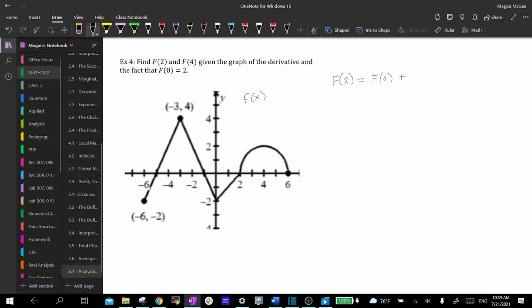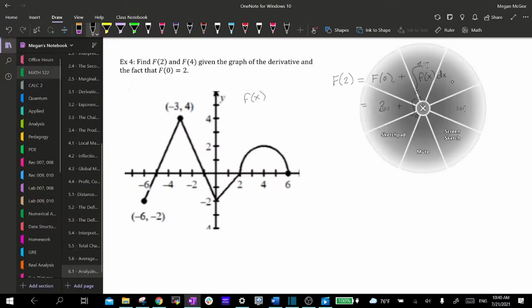And then we need to add up the amount of change that happened. We do that using an integral from 0 up to the value that we're looking at, 2, of the derivative, which is given to us as our lowercase f of x. Okay, so f of 0 was given to us as 2 plus this integral.